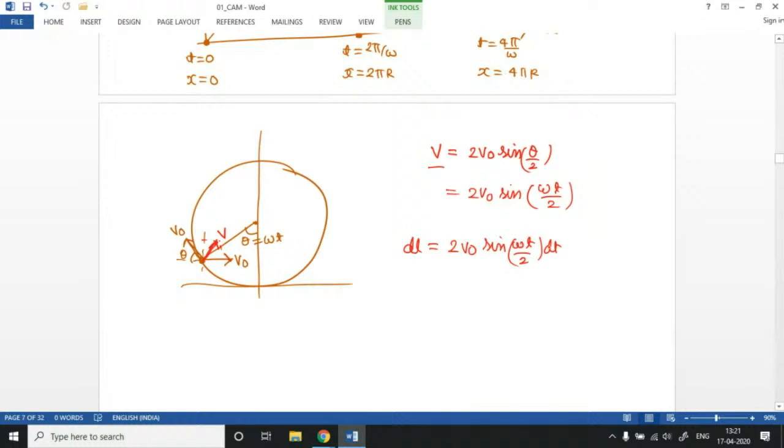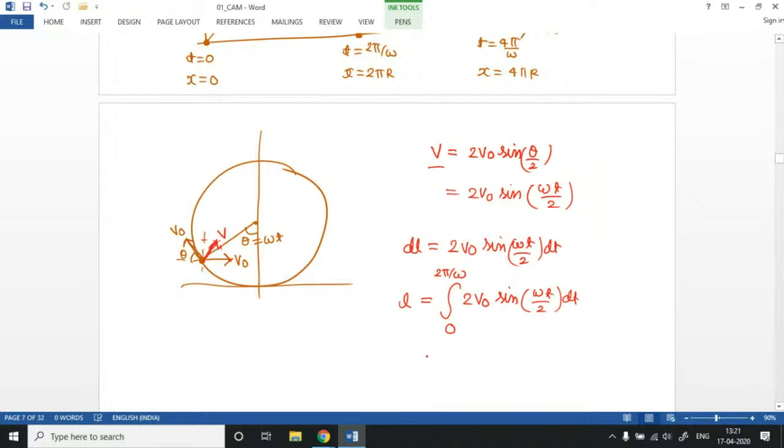So the total path length L covered during one complete cycle would be the integral of 2 v naught sine omega t by 2 into dt, for one time period, from 0 to 2 pi by omega.